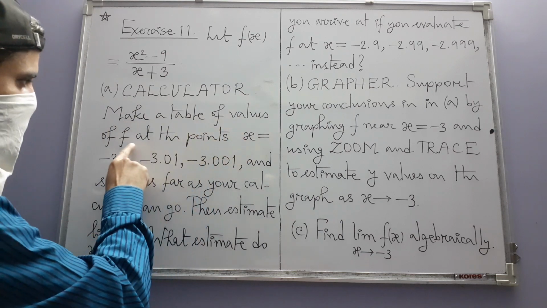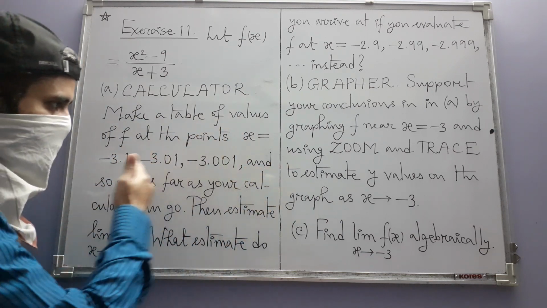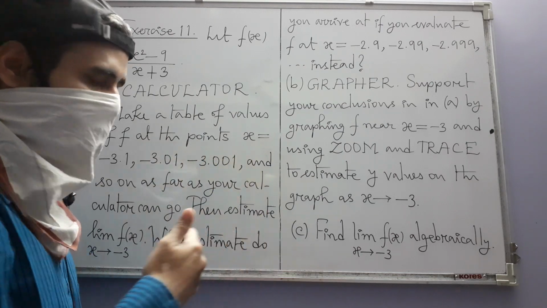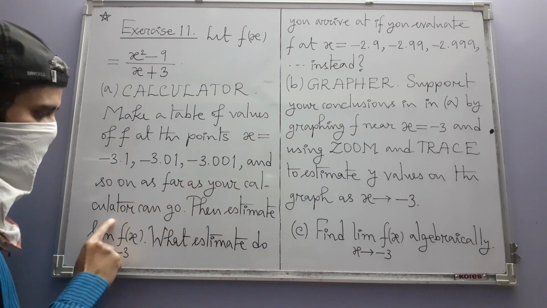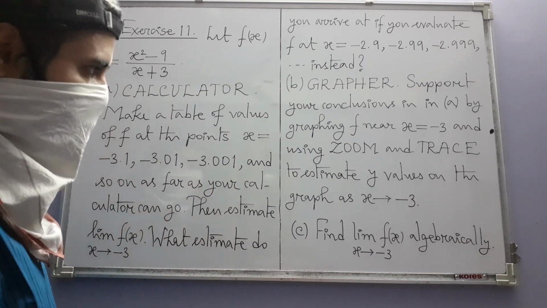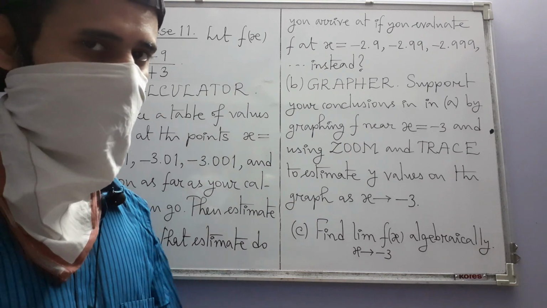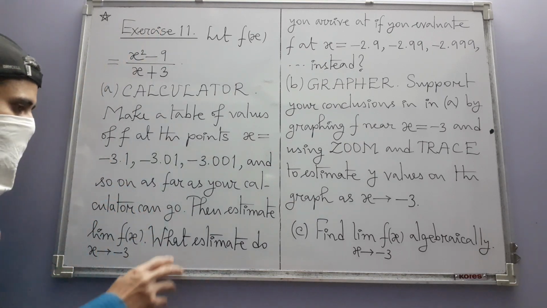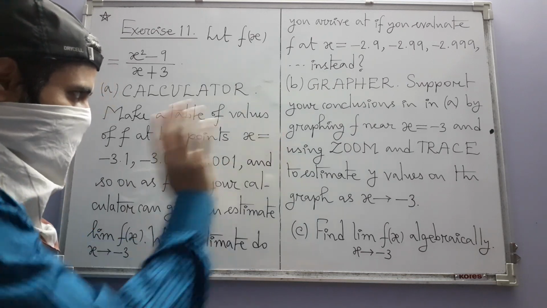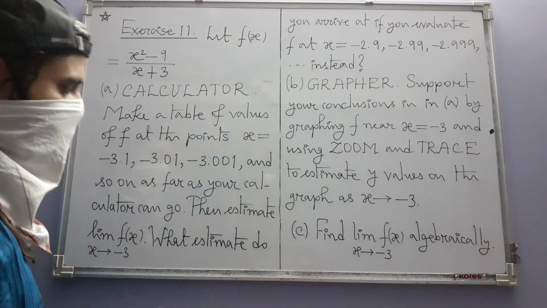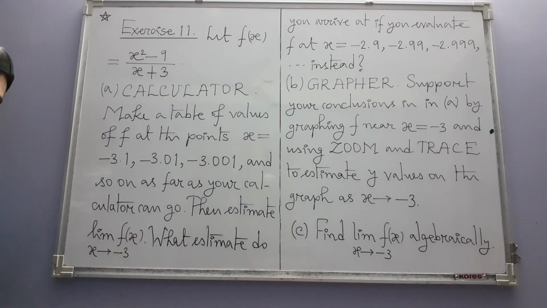Make a table of values of f at these points, and of course you have to follow this pattern by increasing the number of zeros and so on as far as your calculator can go, because after a certain extent you will run out of space in your calculator. And then from that table of the corresponding y values or f of x values, you have to estimate the value of this limit.